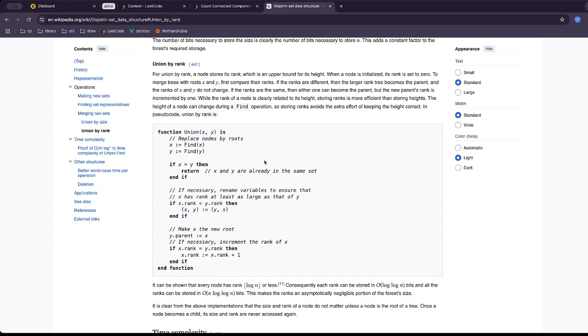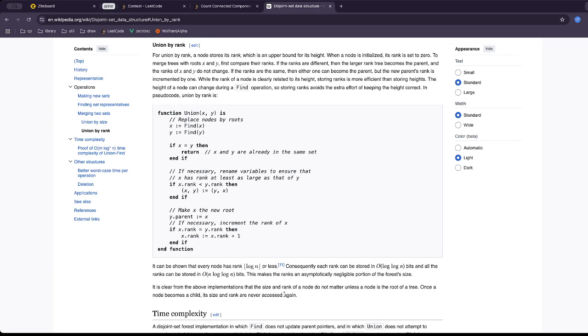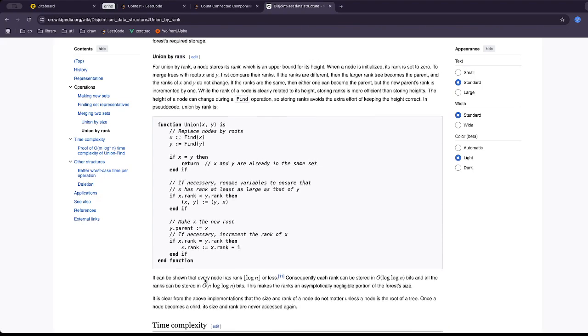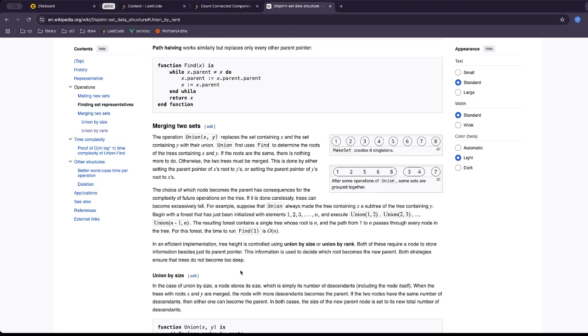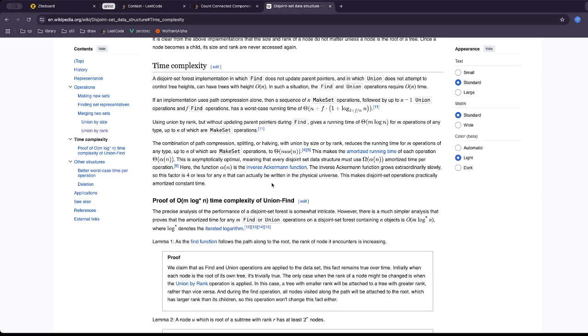Union by rank. Union by size. Time complexity. Using union by rank gives a running time.